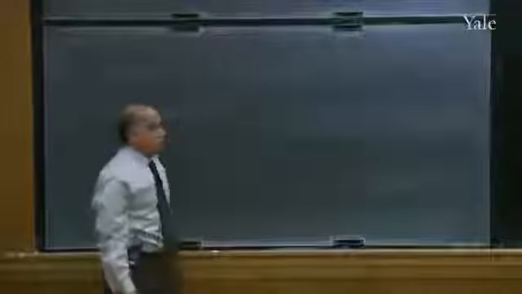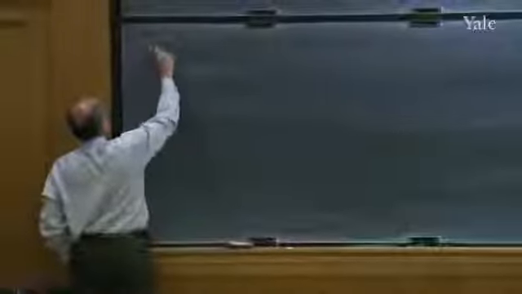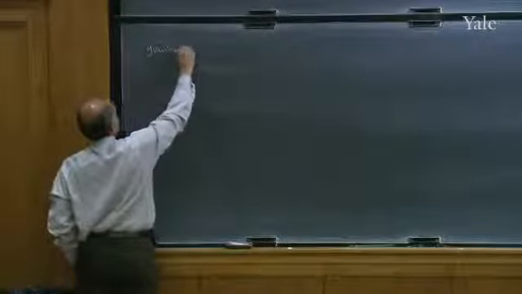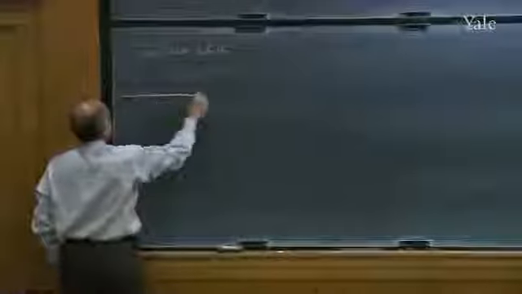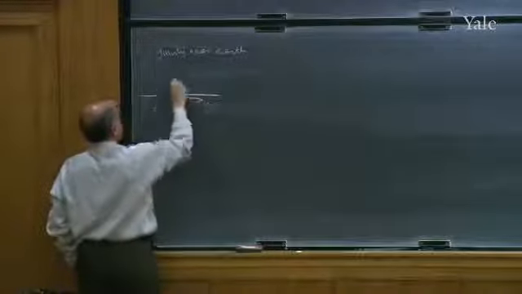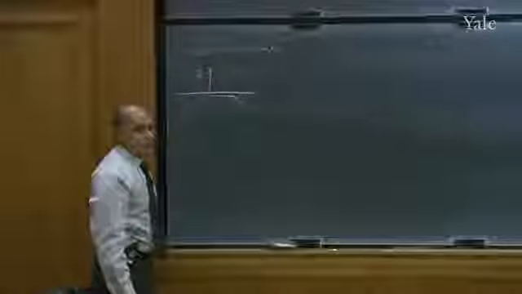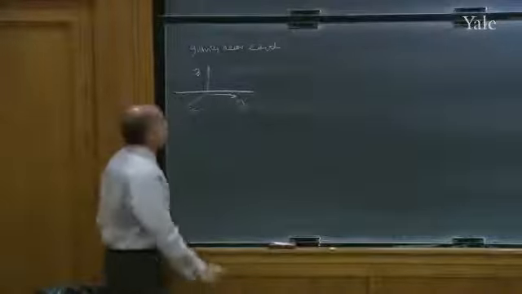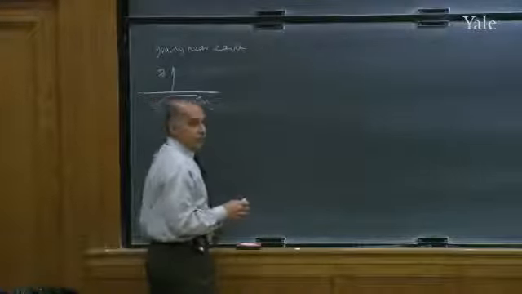So let me give you one simple example that we all know, which is the force of gravity near the Earth. So here is the Earth. There is some x and y coordinates, and here is z. I might as well write down the answer because you guys all know this.